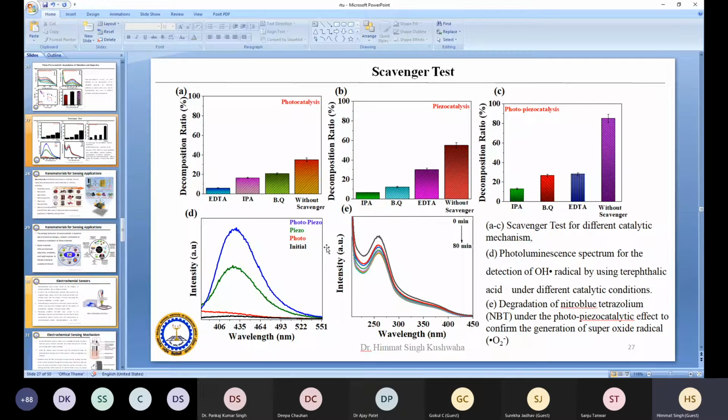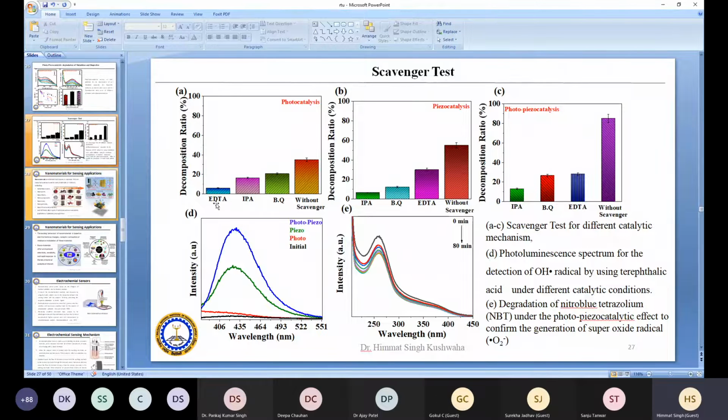Then to identify the mechanism which is working in the photocatalysis, the piezocatalysis and the photopiezo process, the scavenger test can be performed to identify whether the holes, the electrons, the OH radicals or the superoxide ions are acting as active species. So the scavenger test is performed for this photocatalysis.